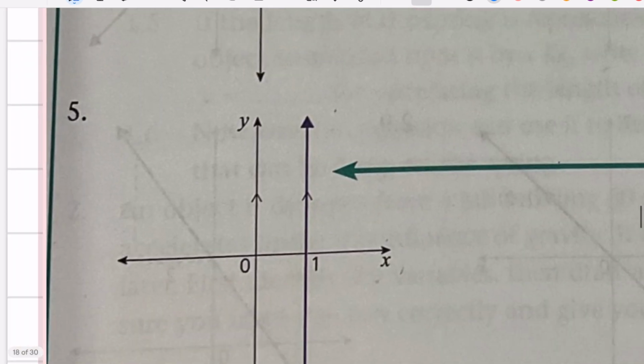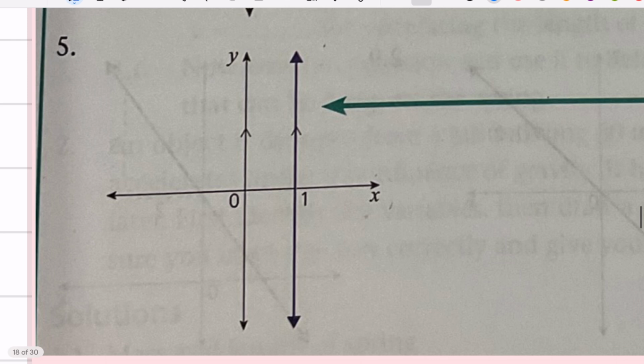So let's look at the next one. Now we've got a vertical line, okay? So what happens with a vertical line is now the x value stays 1 the whole time, okay? So let's say we've got this coordinate as 1, 0. That's our x-intercept. And let's say we've got this point over here.